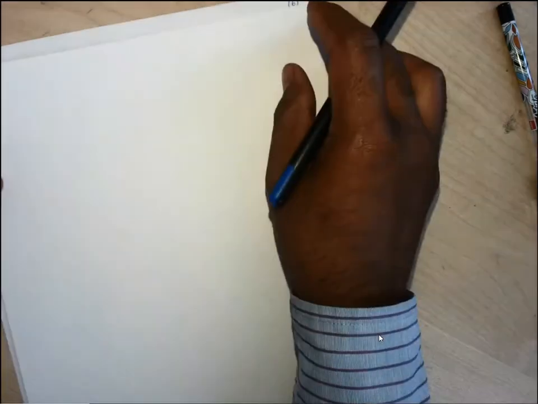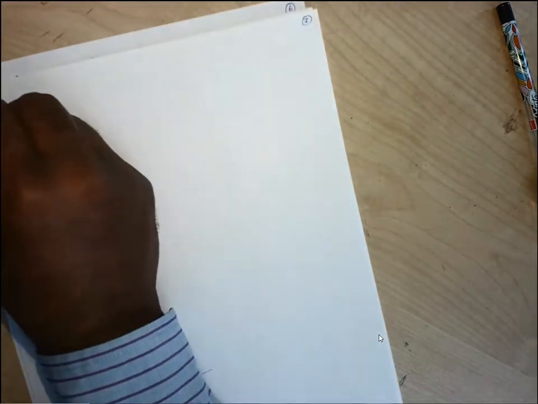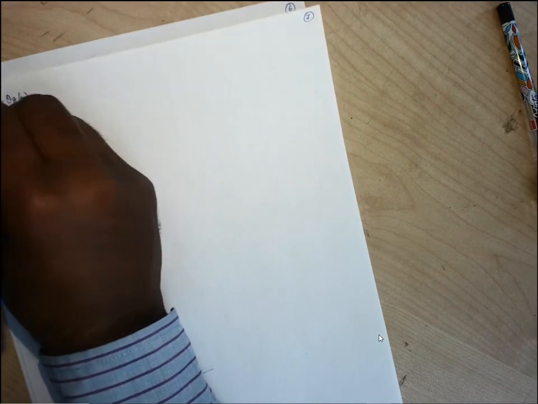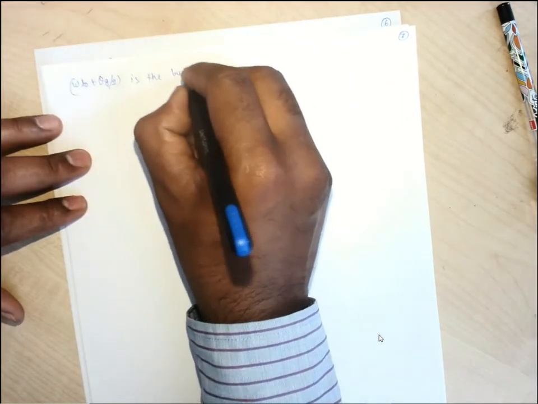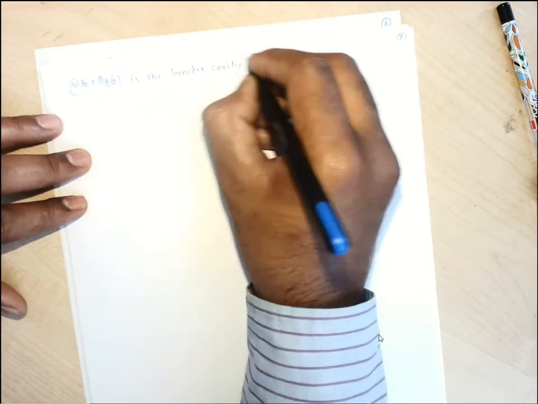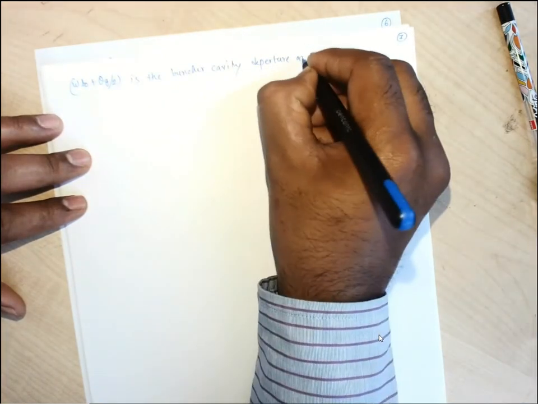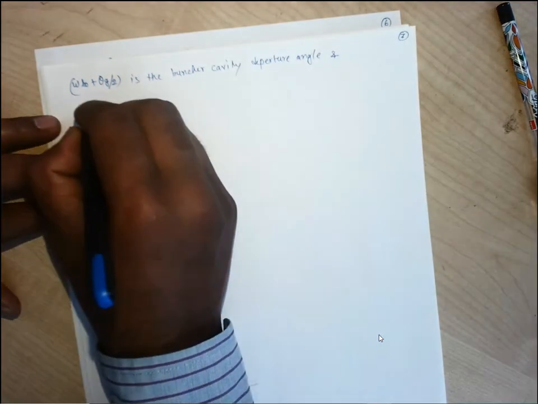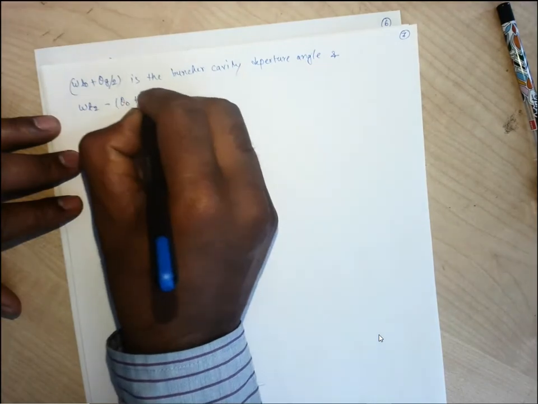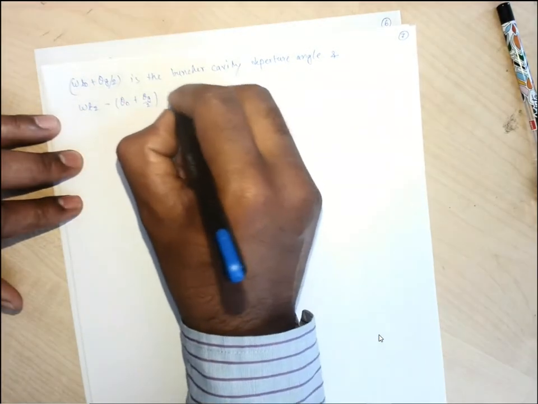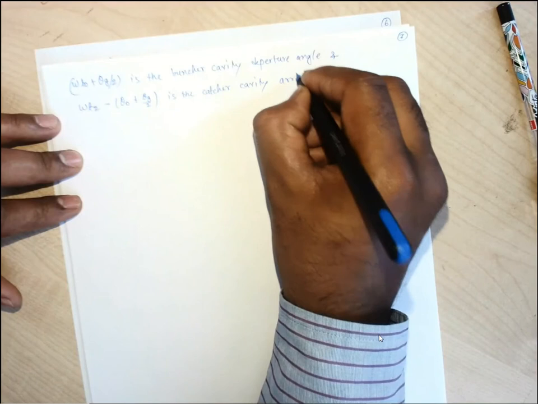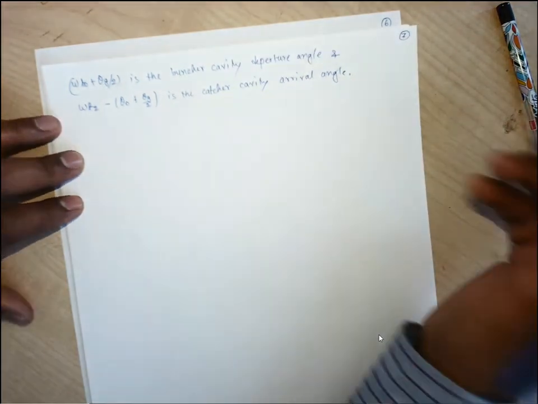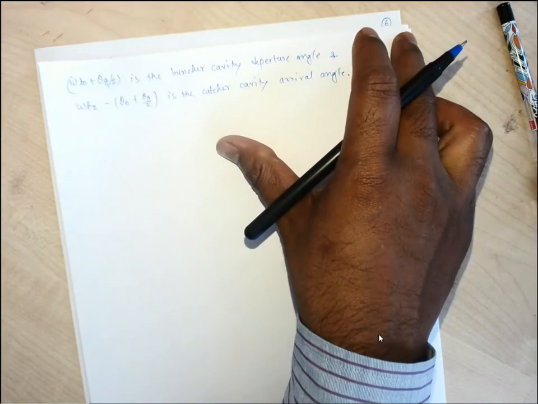So we can say omega t naught plus theta g by 2 is the Buncher cavity departure angle, and omega t2 minus theta naught plus theta g by 2 is the catcher cavity arrival angle. One is departure and the other is arrival.